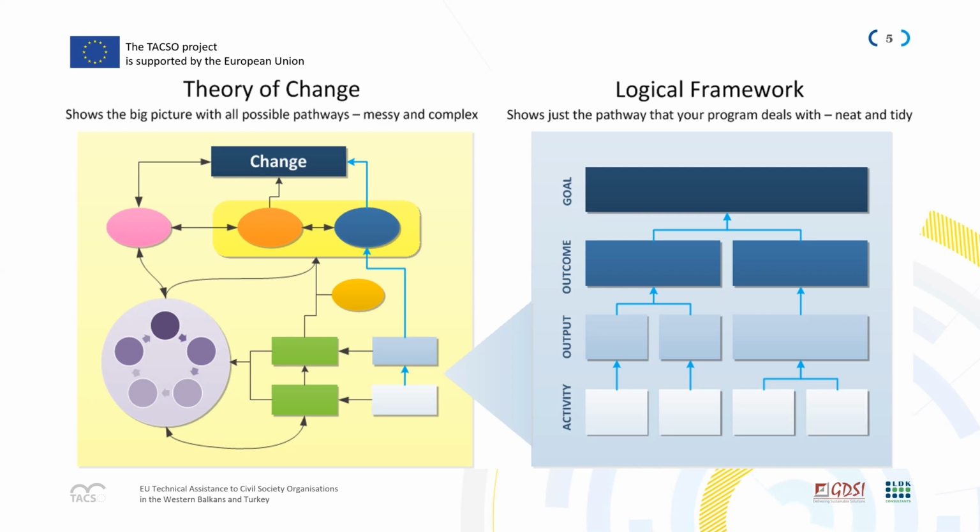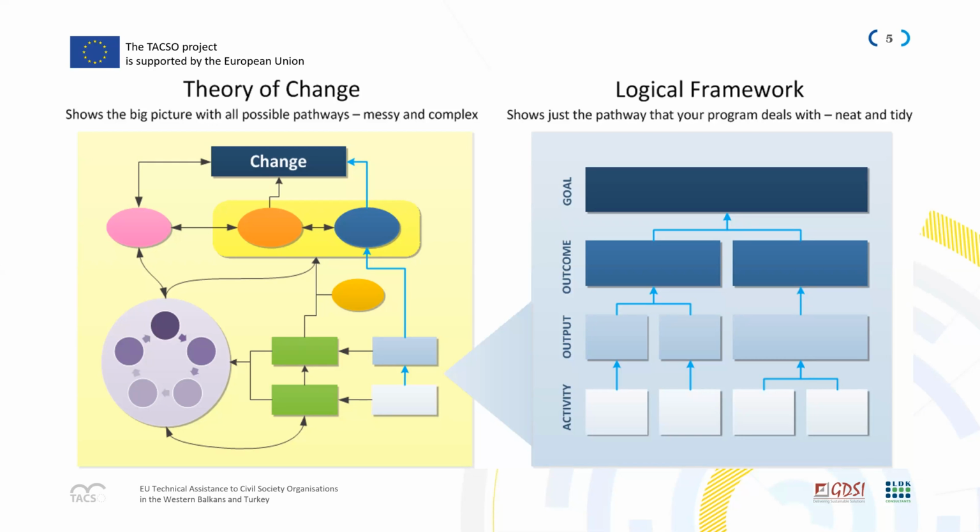It does this by first identifying the desired long-term goals and then working back from these to identify all the conditions, meaning here outcomes, that must be in place and how these relate to one another causally, for the goals to occur.